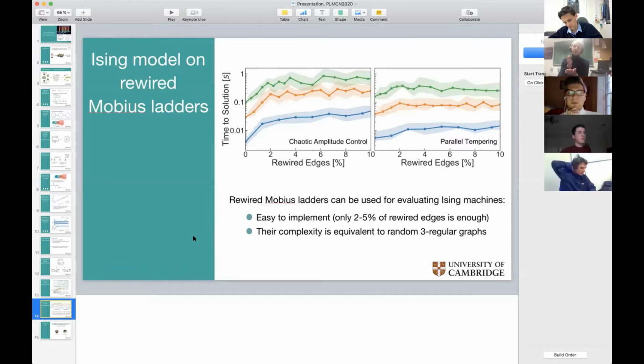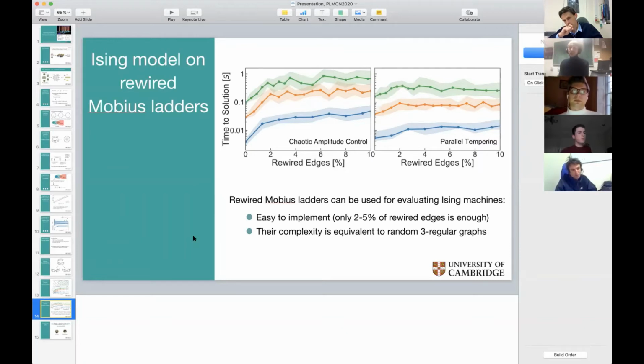If you optimize your parameters for each percentage of rewired edges, then you'll see that it's possible to solve much faster the problems which are polynomially simple, which are Mobius ladders. And as soon as you rewire more and more edges, you'll see how the complexity increases. The metric here is the time to solution metric. It's not just the success probability, but it's multiplied by the time each iteration takes. So you'll see immediately that the time to solution increases as well.